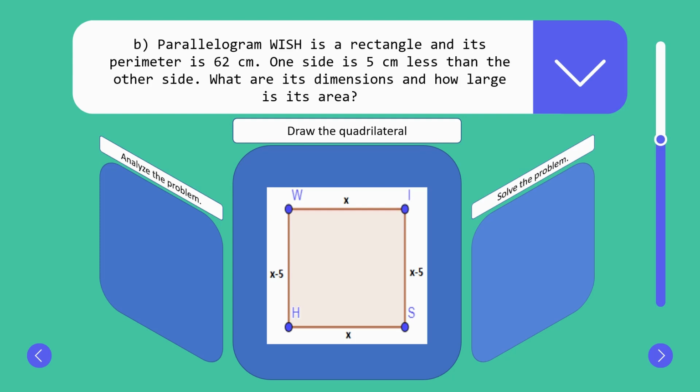Let's say that line segment WI is equal to x, and the other side of the rectangle is equal to x minus 5 since one side is 5 cm less than the other side. Line segment WI and line segment HS are equal. Same goes with line segment WH and line segment IS. They are also equal because opposite sides of a rectangle are congruent.